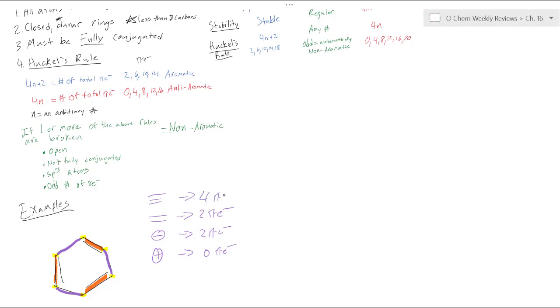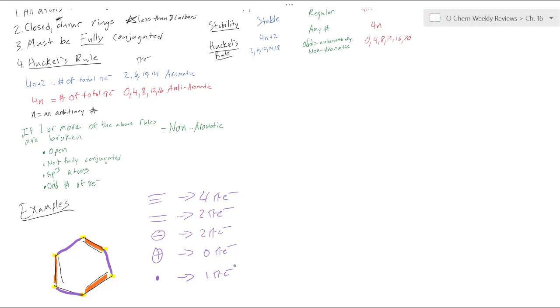Now you could also have a radical. A radical would be 1 pi electron. Now remember, these can only count as pi electrons if the electrons are resonating in the conjugated system. If they're on the outside of the ring, and they're not even close to the conjugated system, then we don't count them in the total pi electrons of our ring.